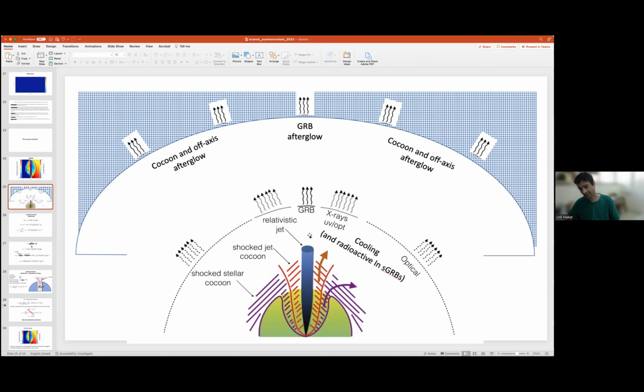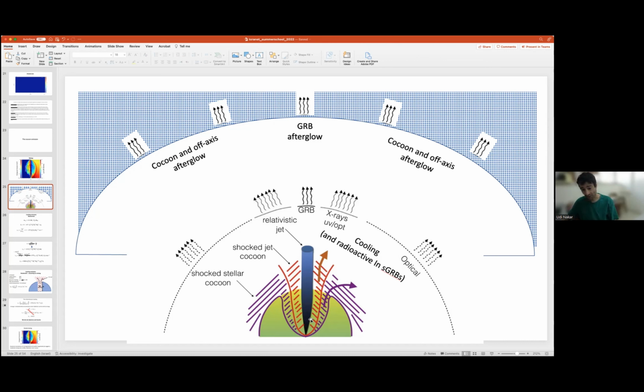And you can see that the jet is producing the GRB. Let's forget about it. It's not important for this talk. The inner cocoon and the outer cocoon are both going out. The difference between them is that in the inner cocoon we have much higher energy per baryon. So the material in the inner cocoon is escaping and accelerating roughly to the thermal energy.